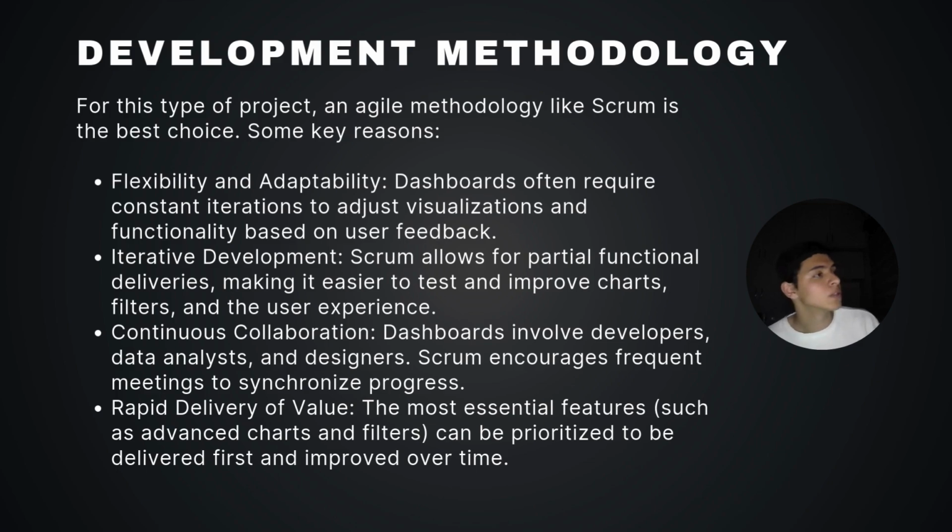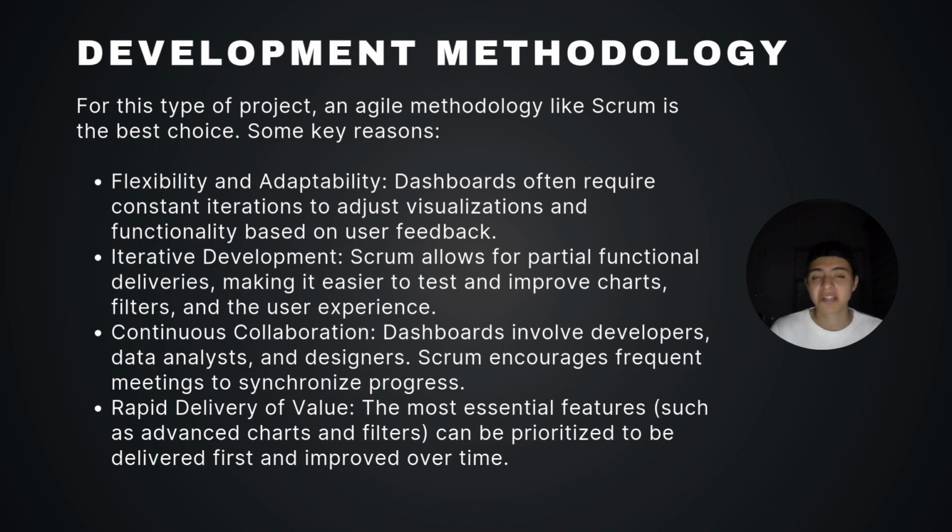Now, moving on to the development methodology that we chose for this project, it is an agile methodology called Scrum. We think that this is the one that best attends to the needs and whatever we might see in the future of developing this project.